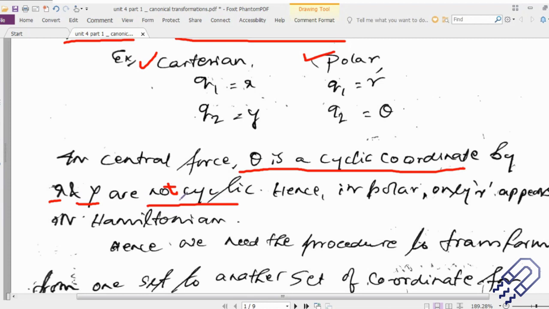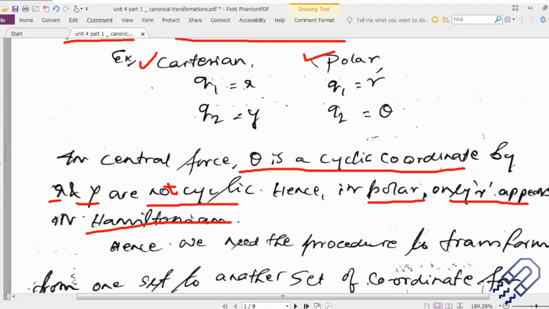So x and y might not be cyclic, but theta will be cyclic. If I want to write an equation and do our calculation in terms of x and y, the calculation might be longer compared to when we do it in terms of theta. When you consider polar coordinates, only r appears in the Hamiltonian. That's very important.